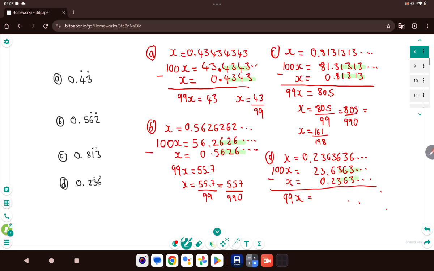Disappear from here onwards. 23.6 minus 0.2 is 23.4. Divide both sides by 99. Times both by 10. And let me now see if it simplifies by just typing it into the calculator. Yeah, 13 over 55.